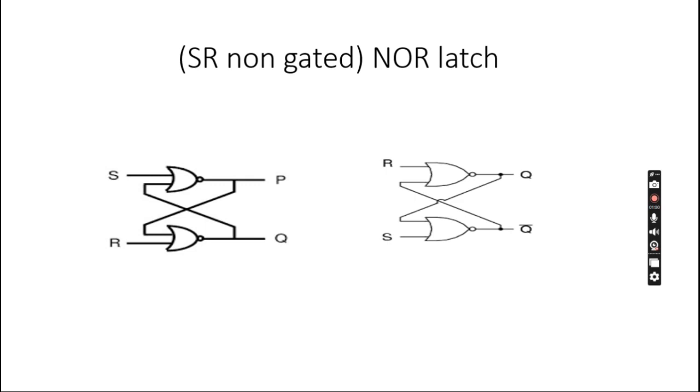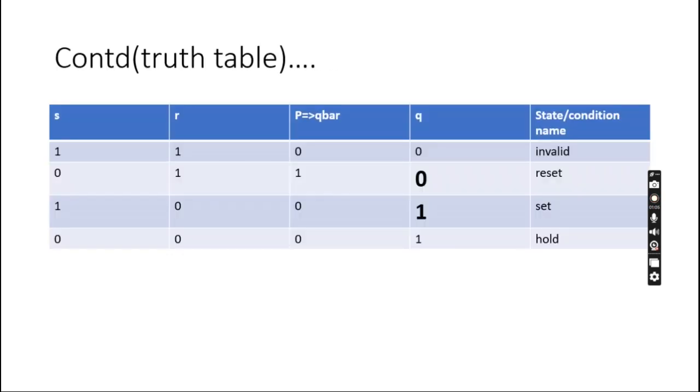Now we'll see the operation step by step. So this is the truth table. Here S and R are two inputs and we will get 4 combinations. Okay. So here I have not started with 0 0, as I started in SR NAND latch with 0 0. Here I did not start with 0 0. Okay.